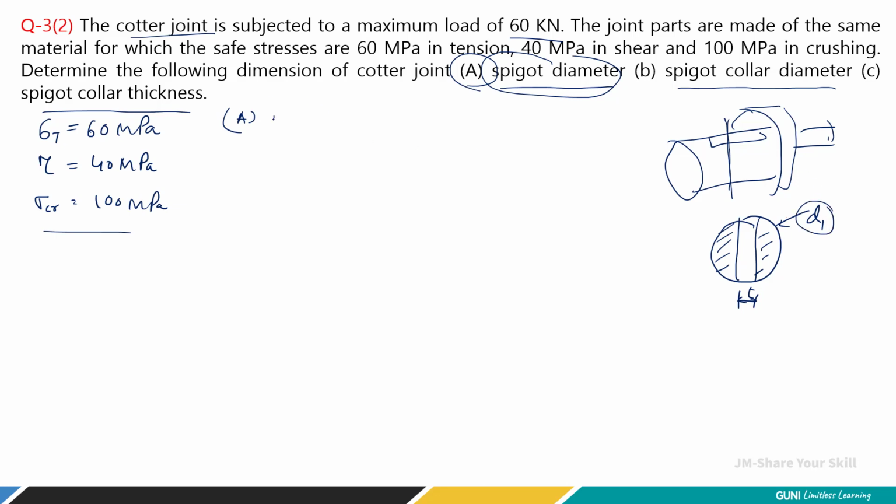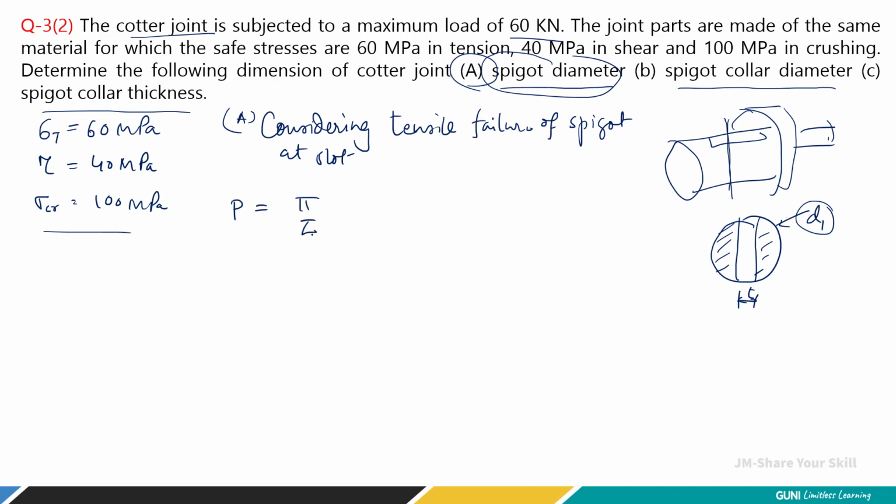So considering tensile failure of spigot at slot, we can write: load is equal to area times stress.